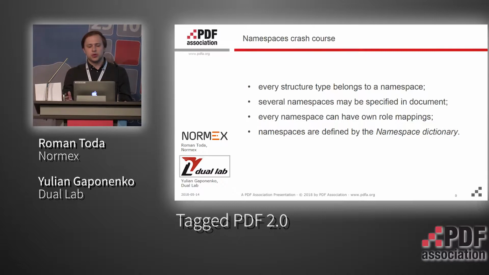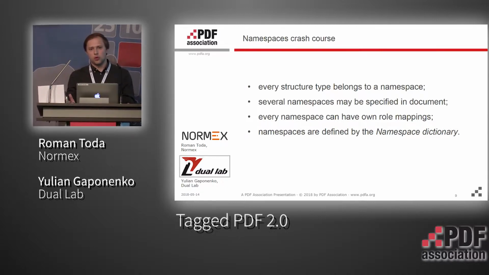Inside the document, you can have one or more namespaces, and every namespace may contain its own role mapping, either to other namespaces, or it can define mappings inside itself. And namespaces are defined by the Namespace Dictionary.